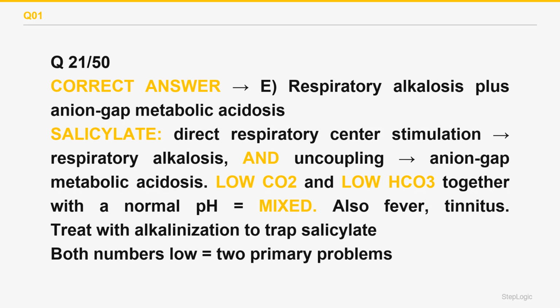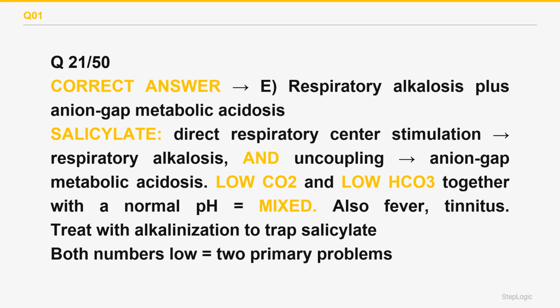Pure metabolic acidosis with appropriate respiratory compensation would predict a PaCO2 near 25 by Winter formula, not 18. Alkalinizing the urine with bicarbonate ion traps salicylate and accelerates its elimination. If you see a normal pH with a low PaCO2 and a low bicarbonate, think mixed disorder and think salicylate.